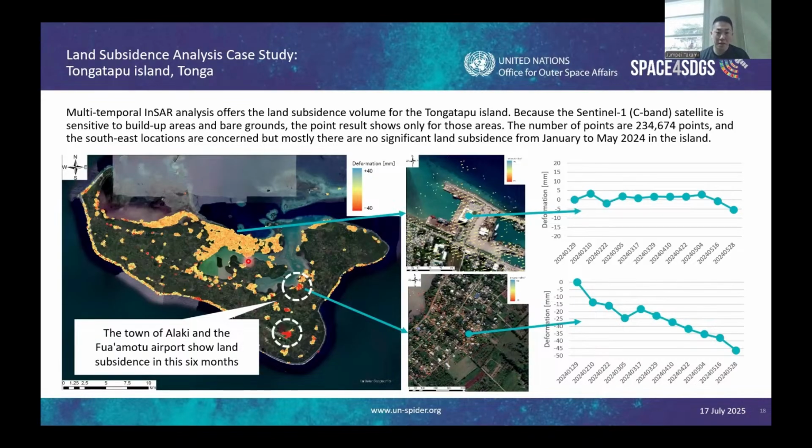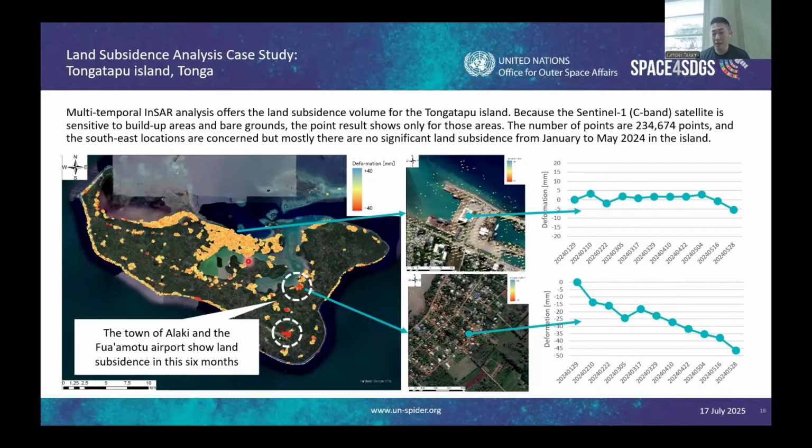As you can see, it's not so significant by looking at only 6 months. It's not a huge land subsidence that happened on the island. But Sentinel-1 has a C-band, so it is very sensitive to urban areas. That's why you can also see many colored points showing time series data.